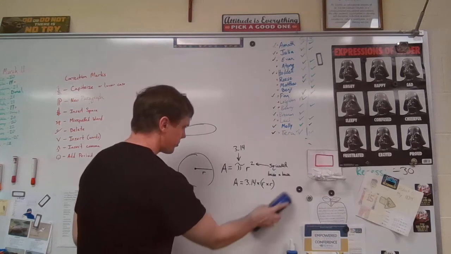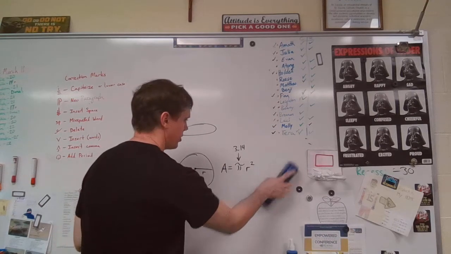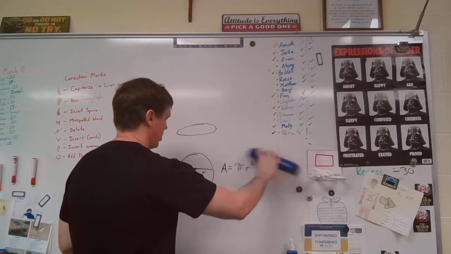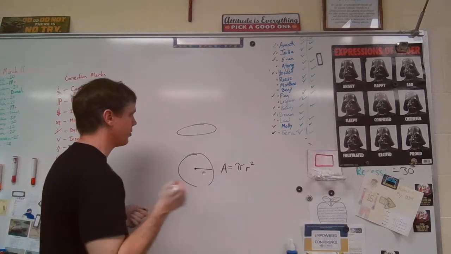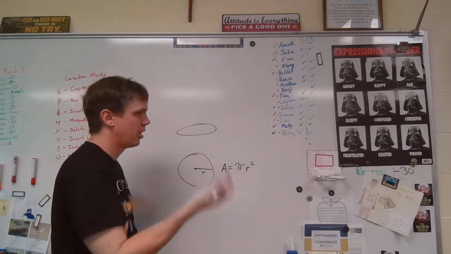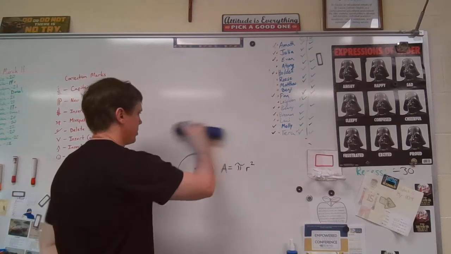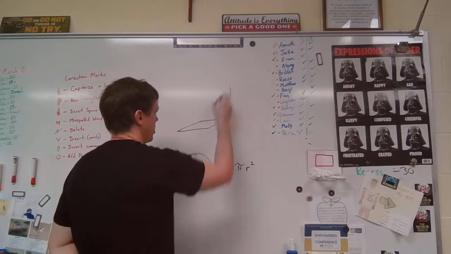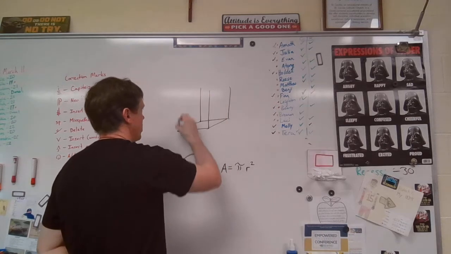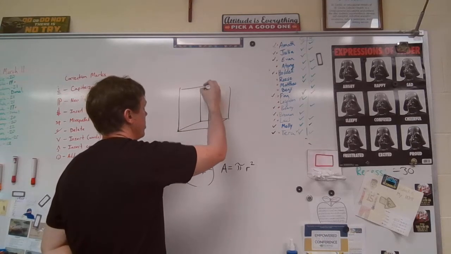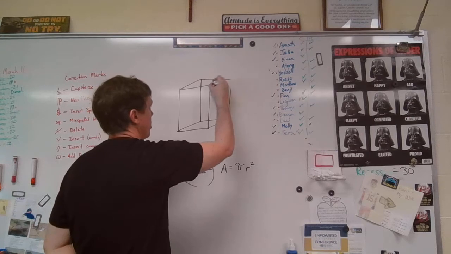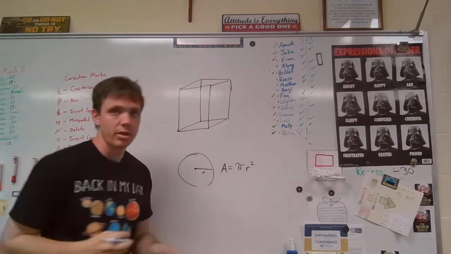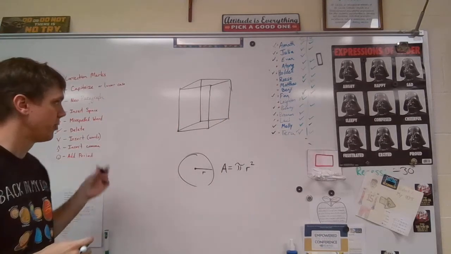All right, so with this in mind, if you think about how you figure out the volume of a prism, right? Let's erase this. Something like that. Okay, so here we have our little prism, right?